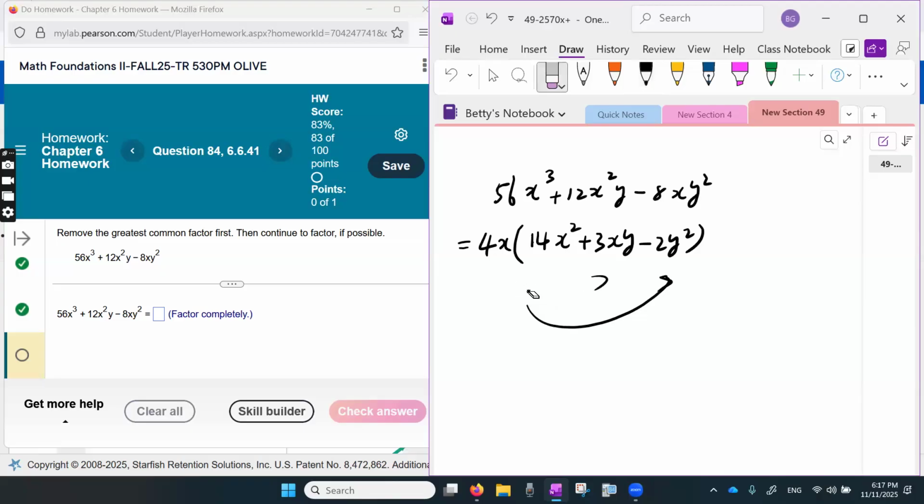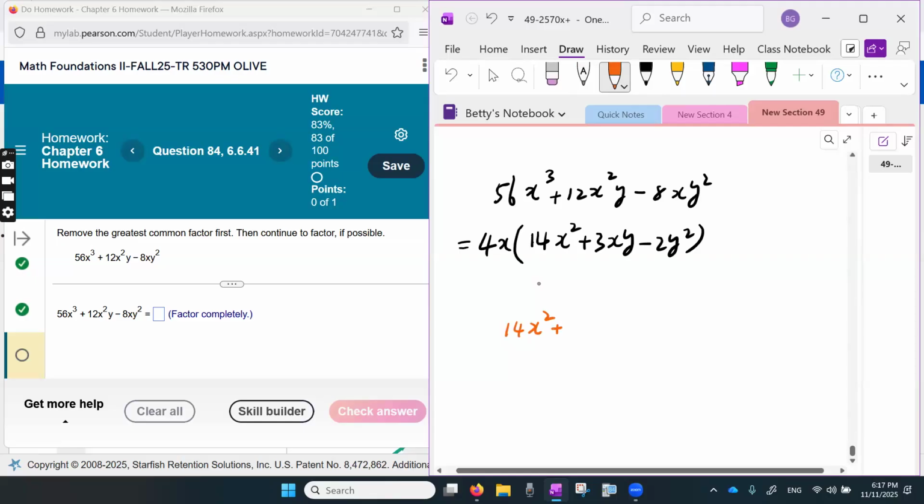And inside the parentheses, that trinomial, we can use the strategy we did earlier, right? Because x times x, x times y, y times y. So we can remove y first. We have 14x squared plus 3x minus 2. Slide: x squared plus 3x minus 28.